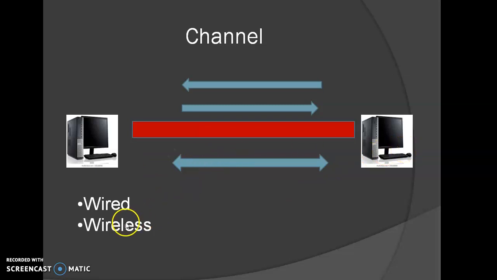Whereas in the case of wireless connection, we have learned that it can be used to transmit data either on a line of sight basis, that means in a straight line, or the data can be transmitted in all directions. So this is what your transmission channel or communication channel is all about.